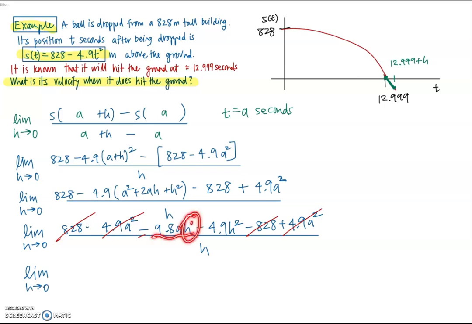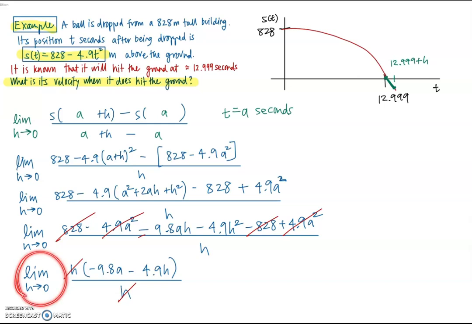Both of these terms have an h in them, so I'm going to factor that towards the front. So h times negative 9.8a minus 4.9h, all over h. And here's where the beauty happens. h gets to cancel with the h in the denominator. And finally, we don't have to worry about a limit anymore because this guy's gone.